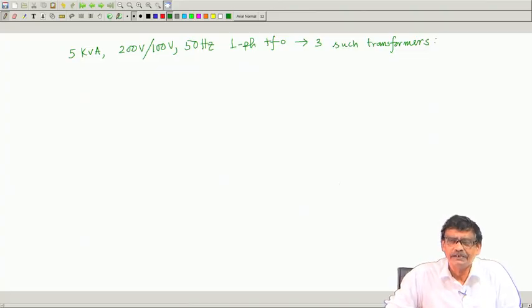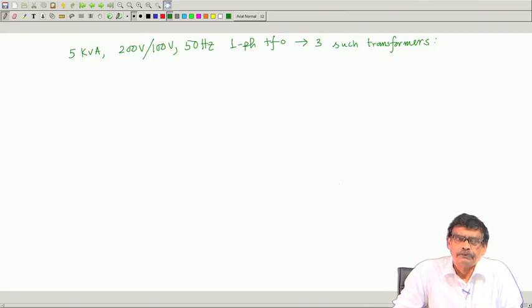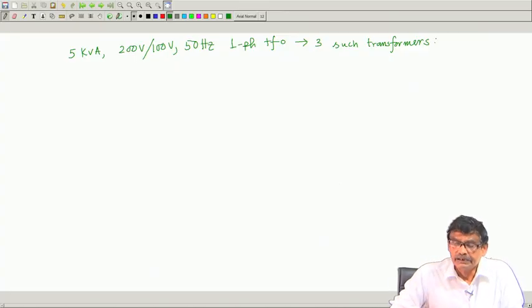So far in single phase there was 1 primary, 1 secondary, so terminal marking was not that important, although I could do it. It is only HV side, LV side, that is all. But in case of 3 transformers, there will be 6 coils.